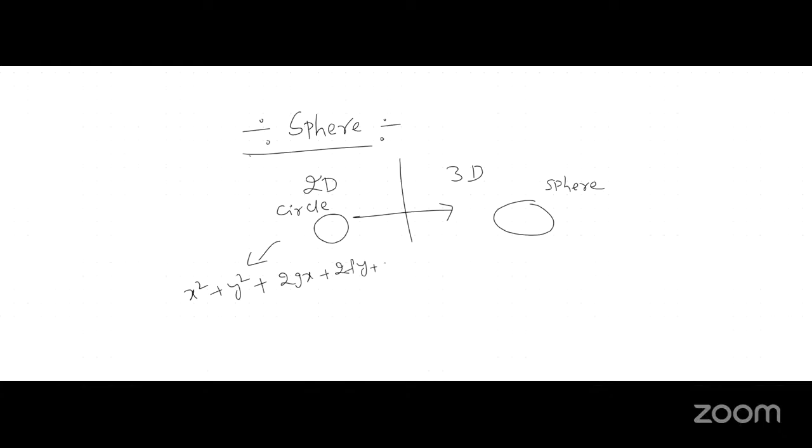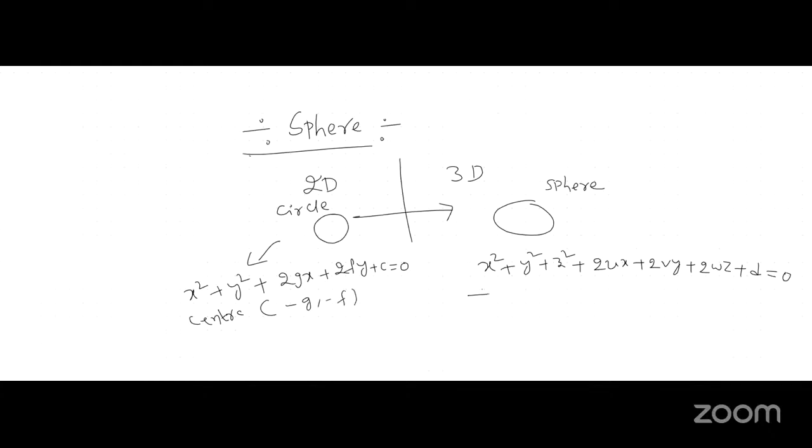In a sphere, x square plus y square plus z square plus 2ux plus 2vy plus 2wz plus d equal to 0. Here the center for the circle is minus g comma minus f.